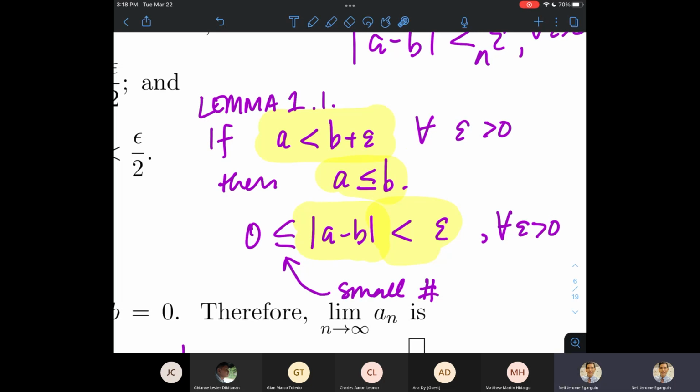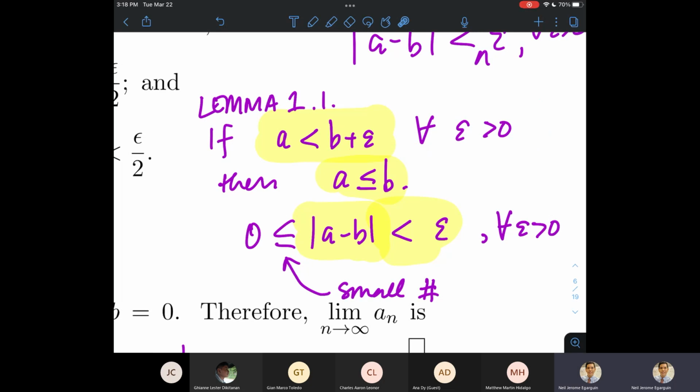Magagaranti mo na si a ay mas maliit na kay b. So mangyayari lang yon kapag si b in the first place is greater than or equal to a. All right? Kasi kung mas malaki pa si a kaysa kay b, then hindi na to mag-work for all epsilon greater than 0. Okay? So kaya ang ginawa ko, in-apply ko si lemma 1.1.